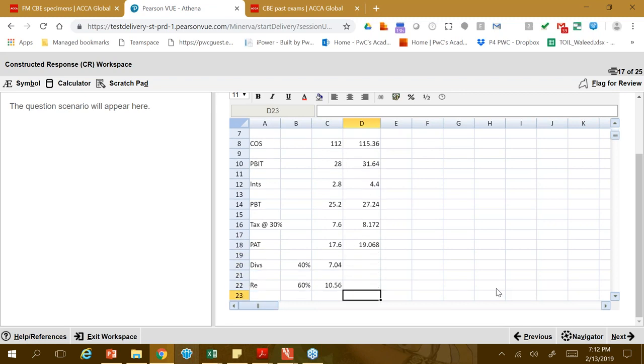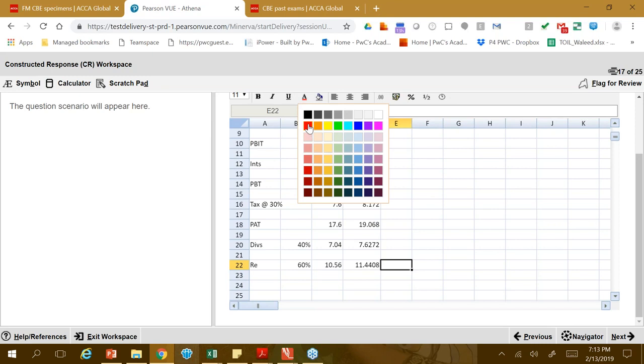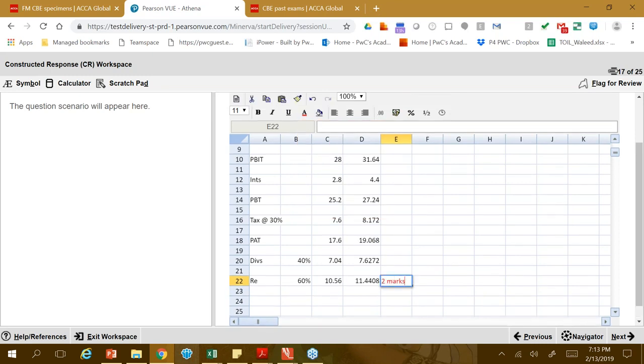And then I have to split this into the dividends and the retained earnings. We'll take the D18 into 40%, and then D18 into 60%. And that is it. So I've got my retained earnings of 11.44. And this P&L extract in total was 2 marks on this question.